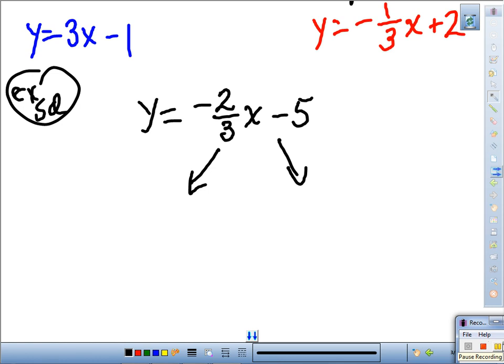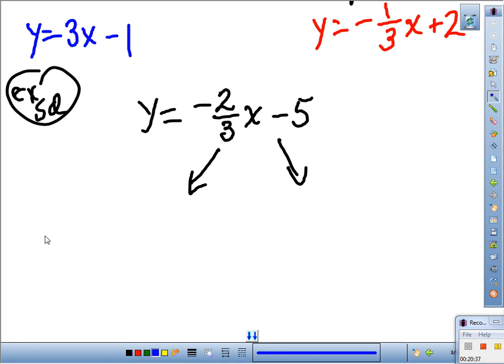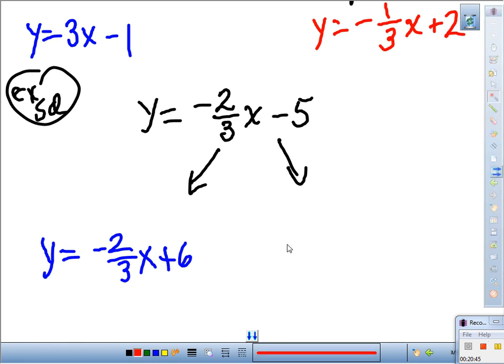All right, Nikki, go. Parallel line. Plus 6, and a perpendicular one. Minus 5, okay. Hands, if you agree with those?